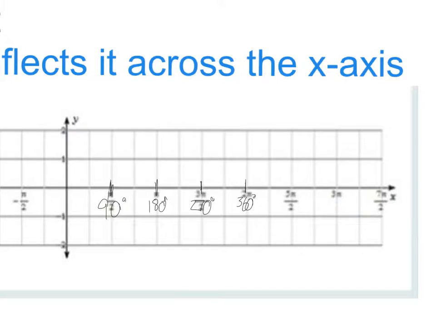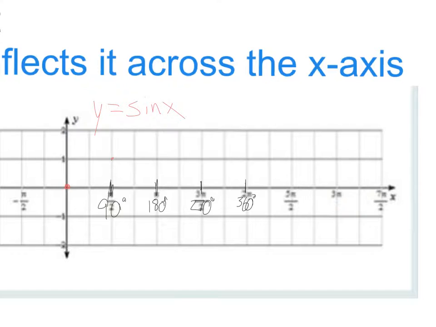So let's run through this first of all with sine. If y is sine of x, what is the sine of 0? 0. And at 90, sine is 1. At 180, the sine is 0.